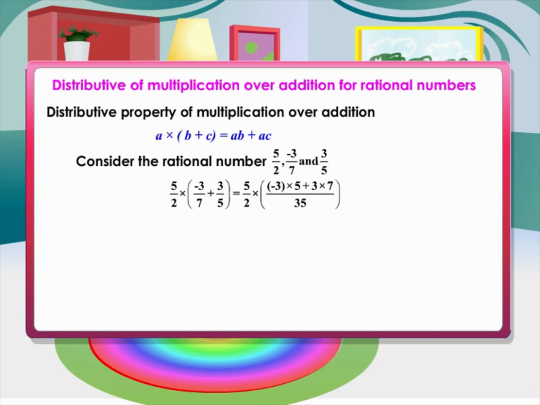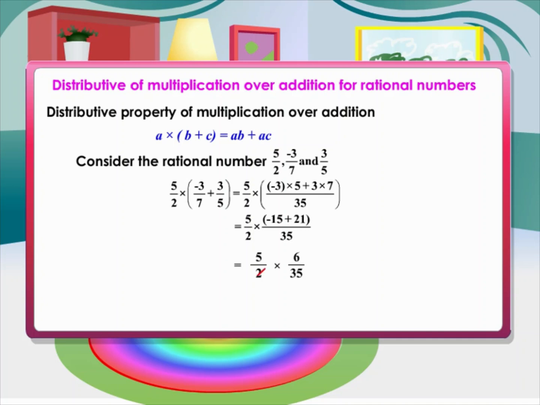5 by 2 multiplied by minus 3 by 7 plus 3 by 5 is equal to 5 by 2 multiplied by, take the LCM, in the numerator is minus 3 into 5 plus 3 into 7, whole divided by 35, which is equal to 5 by 2 multiplied by minus 15 plus 21, whole divided by 35.